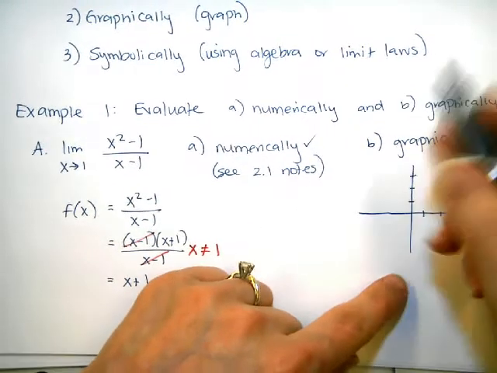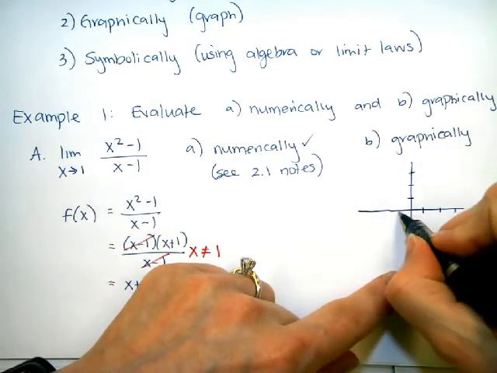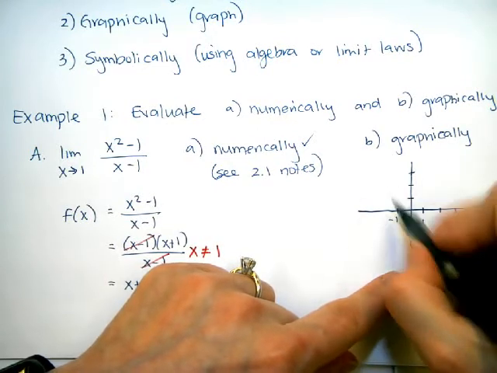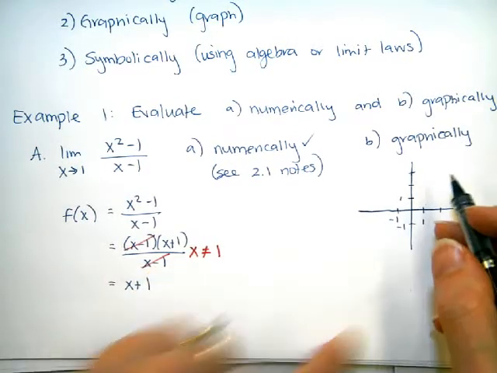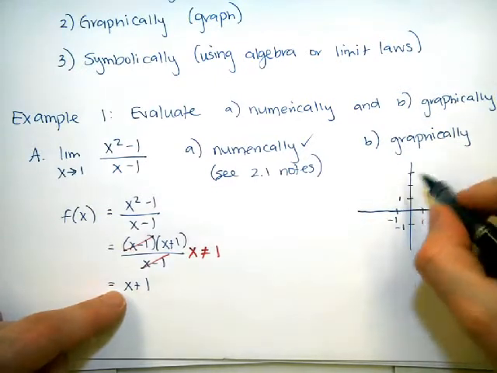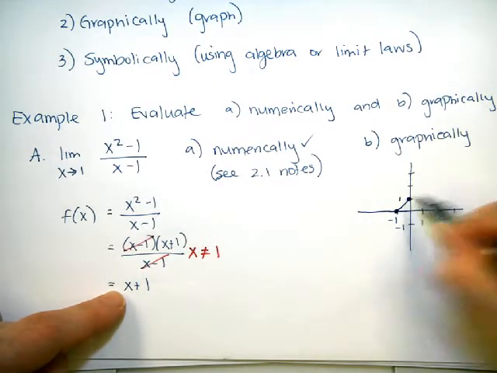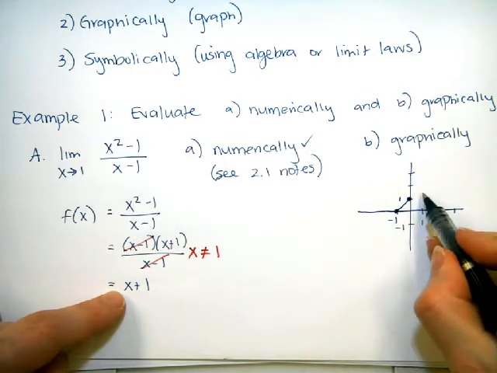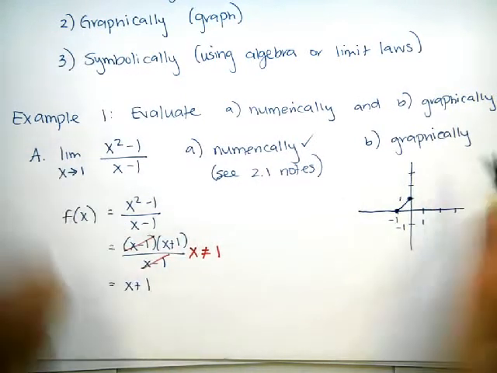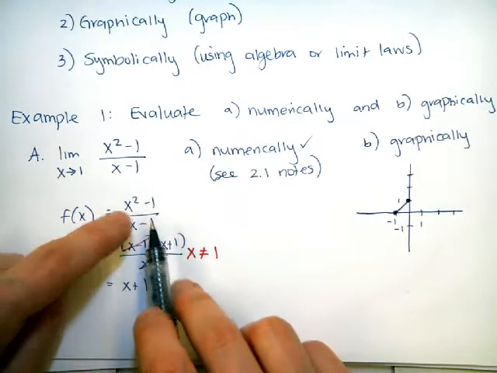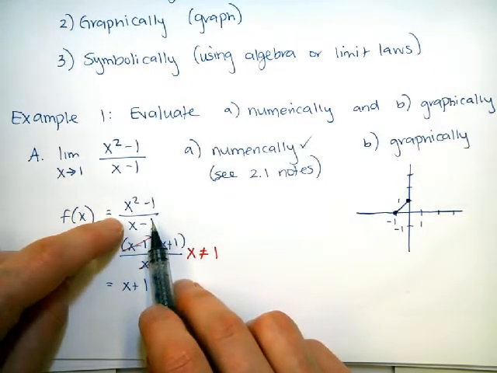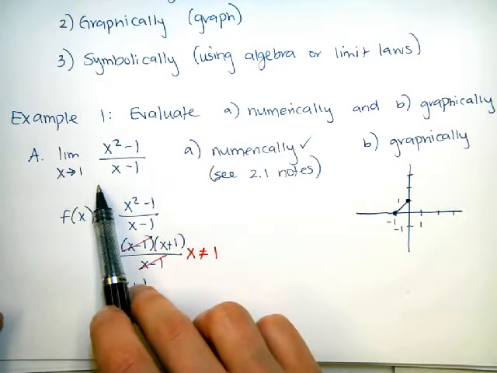Let me draw the graph, and I'll show you a little bit more of what I'm doing. So this is negative 1, 1, negative 1, 1. We can just graph x plus 1. That has a y-intercept here at 1 and a slope of 1. So it would be just this linear equation. I'm going to keep it going. But I'm not graphing x plus 1. I'm graphing x squared minus 1 over x minus 1, because that's the limit I'm trying to find.